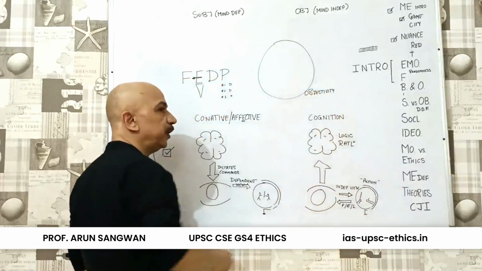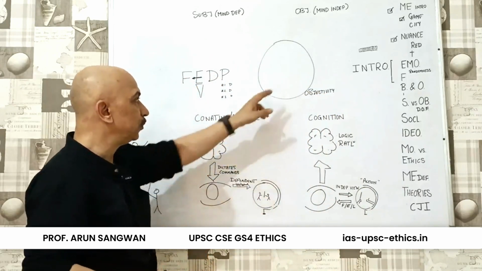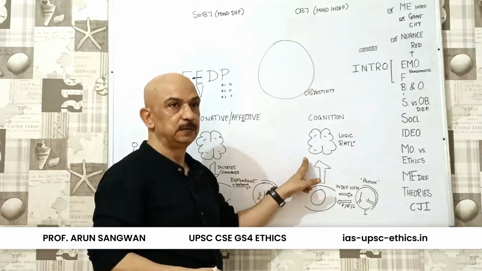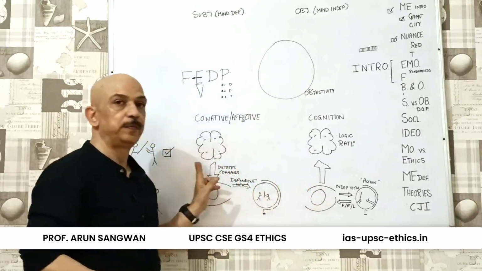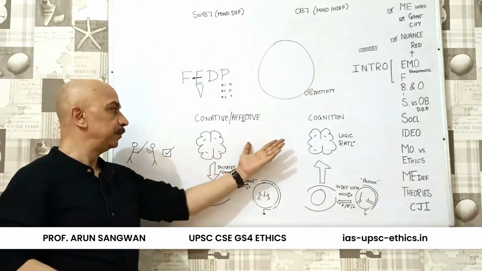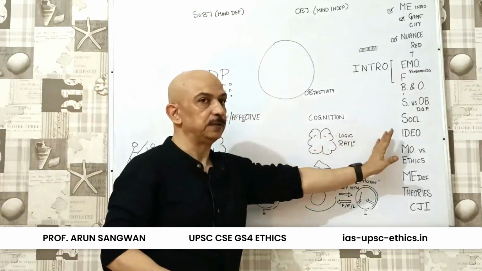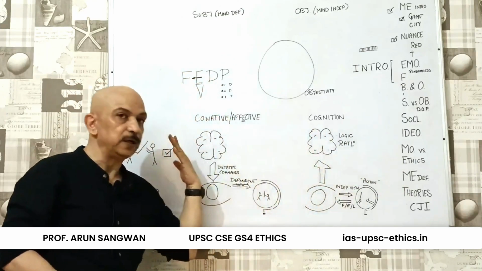O is for objectivity. They're looking for people like this, not for people like this. Selection, complete rejection.